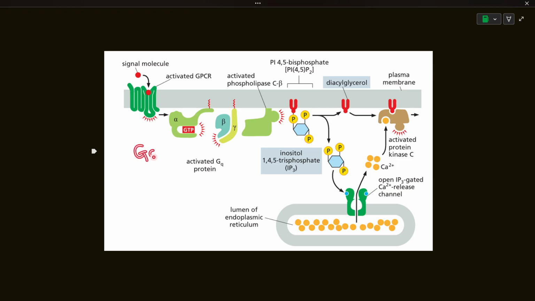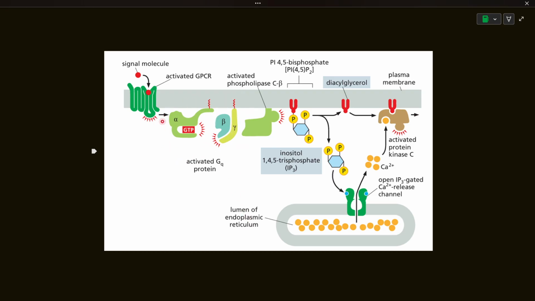In this case, it is Gq protein. To this Gq protein the GDP was bound, and that will be replaced with GTP, right? And due to the replacement with GTP, the G protein will split into the alpha subunit and the beta and gamma subunit, right?